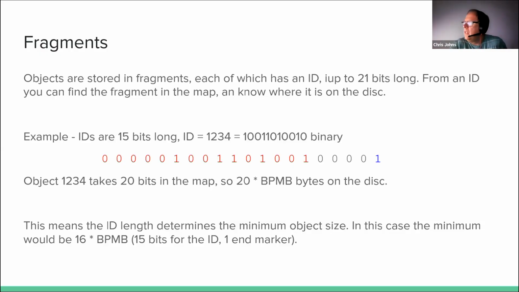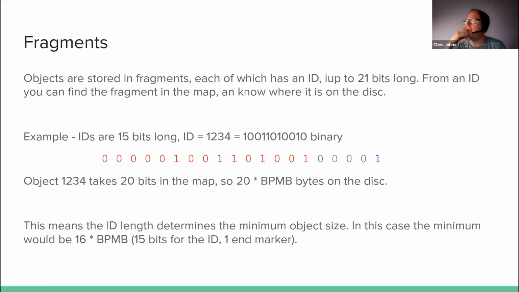This is getting into the complications of where the LFAU comes from and how it all fits together. The ID length determines the minimum size of the object. The minimum thing you can allocate in the map is the number of bits you have for the ID plus the 1 at the end.